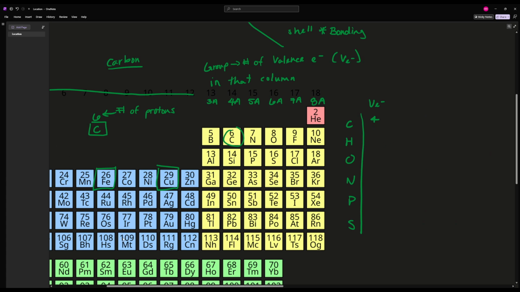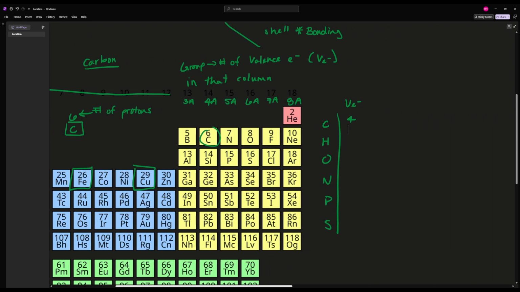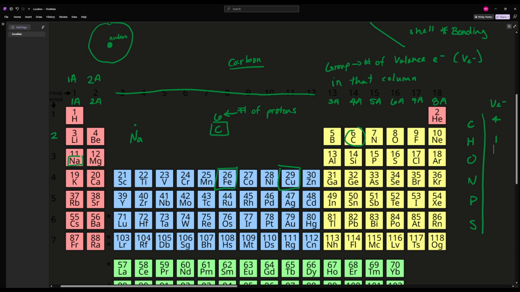Hydrogen, we have to scroll all the way back, and we see hydrogen has 1 proton, which means it also has 1 electron. So hydrogen has 1 valence electron. Oxygen: once again, it is second period, so we count 1, 2, 3, 4, 5, and 6.